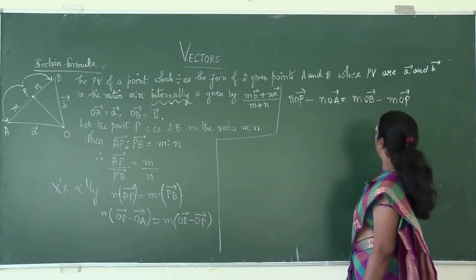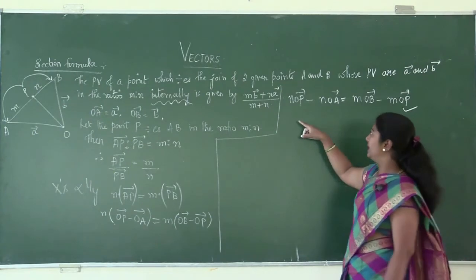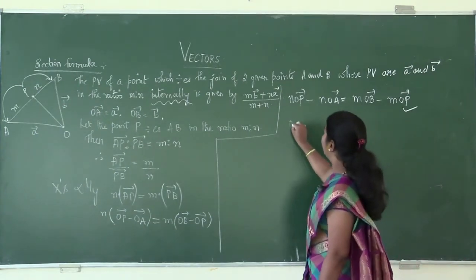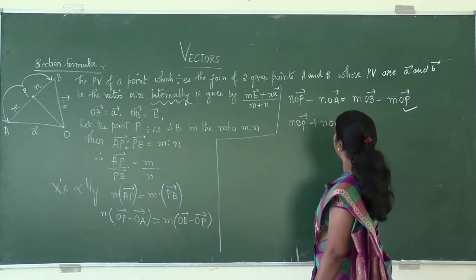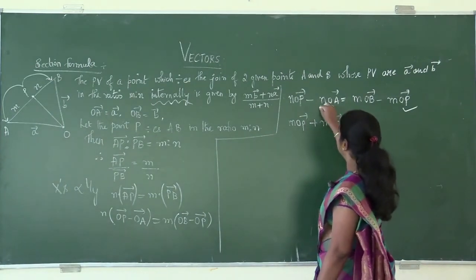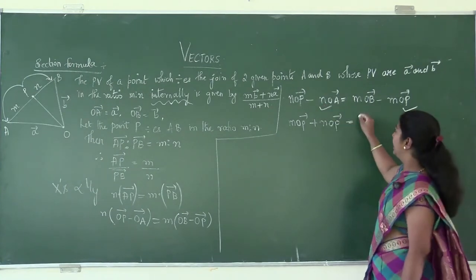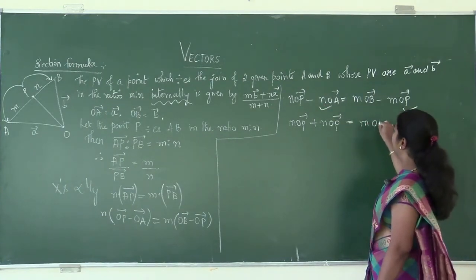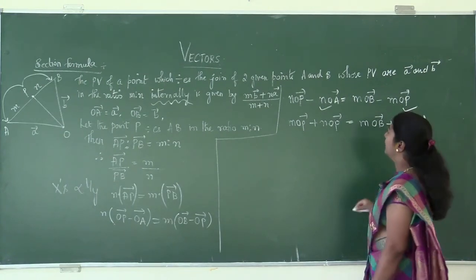Minus m into vector OP, when I shift it to the LHS, becomes positive, and we can write this as m into vector OP plus n into vector OP. Similarly, minus n into vector OA can be taken to the RHS and written as m into vector OB plus n into vector OA.